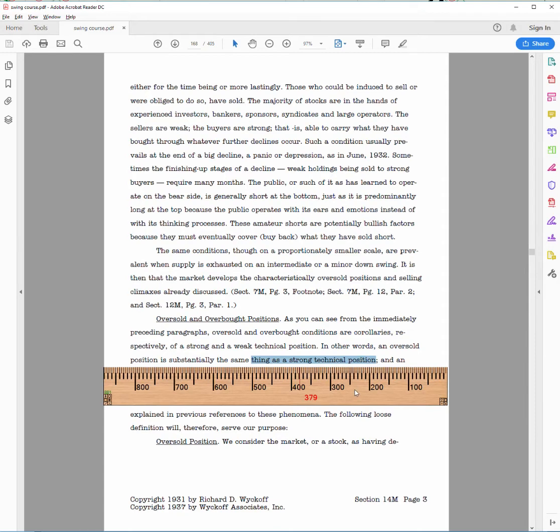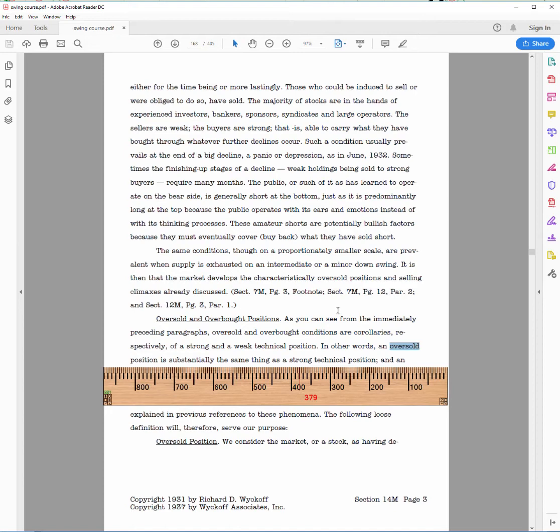Now, when it's said oversold, do not confuse this with what people know about oversold, which is below 30 and above 70 on any indicator. That is not oversold.